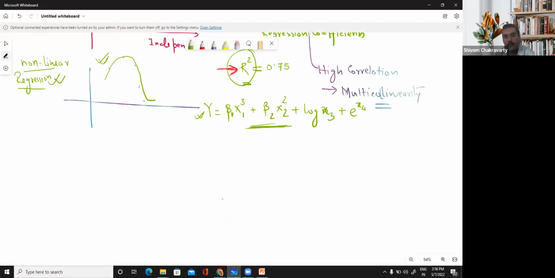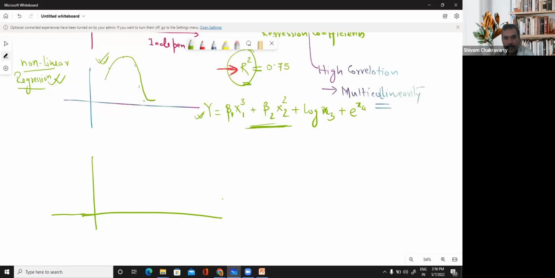Then there is one more case where, rather than the dependent variable, we try to calculate the probability of different outcomes of the dependent variable.